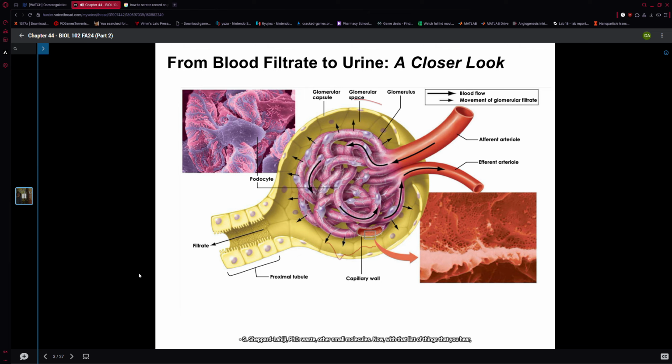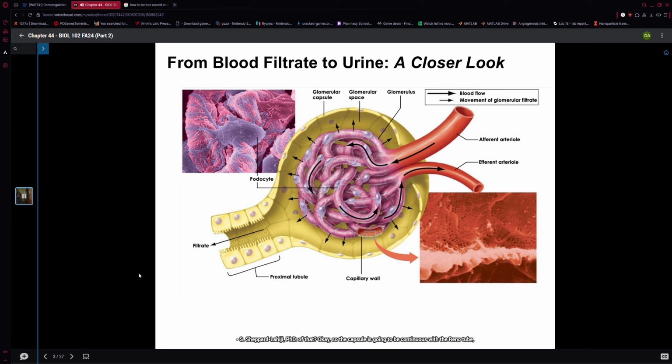That list indicates that the filtrate contains some things that sound beneficial, such as glucose, which can be used to drive metabolic processes, or vitamins.